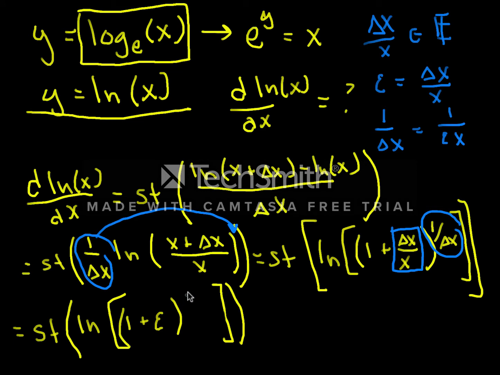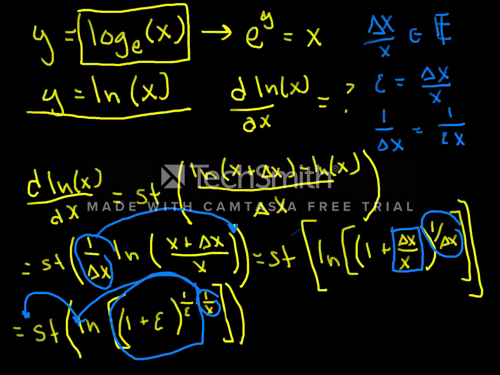This is 1 over epsilon times 1 over x. Now, why is that nice? Well, this whole expression is being raised to the 1 over x power. That means this can come out as my coefficient. And in fact, it's a real number, so even better, it can come all the way out of my standard part.